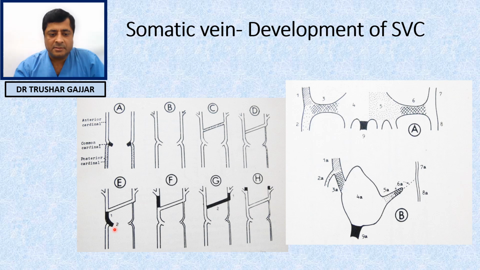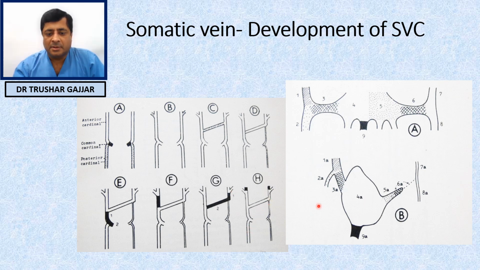The right common cardinal vein and part of anterior cardinal vein will form the superior vena cava. The communication will form the innominate vein, and the left anterior one will form the left internal jugular vein.